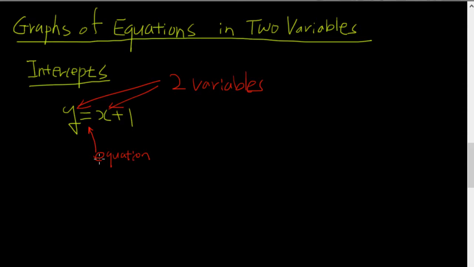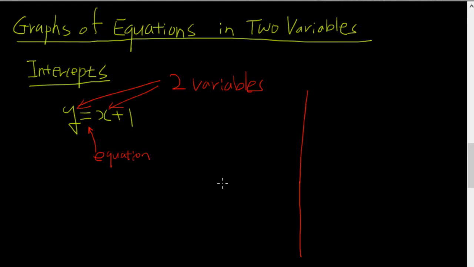What we're trying to do is understand the graphs of these types of equations. Since we have two variables, this graph exists in the two-dimensional world. Two-dimensional world is this flat space, just like this blackboard.